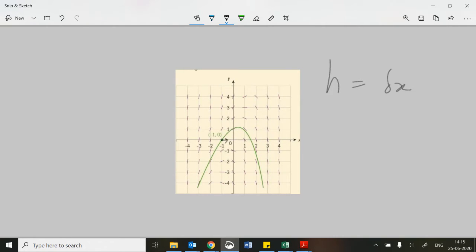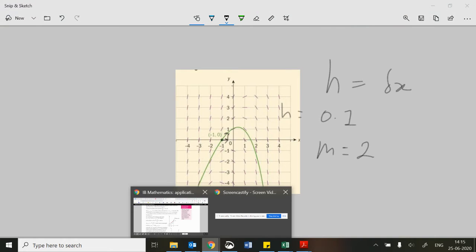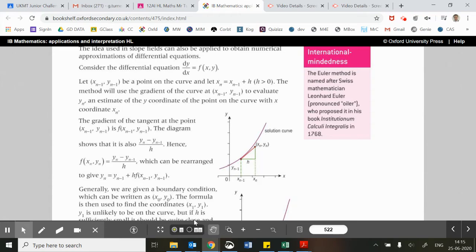That times the gradient would take us up here. So if h is 0.1 and the gradient is 2, then we'd need to go up a height of 0.2. 0.1 times 2 gives us the 0.2 that you'd need to add on to get to that next point, which would be 0.1 further along the x-axis.